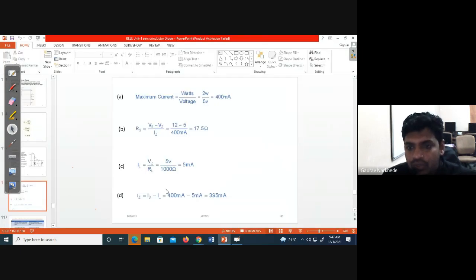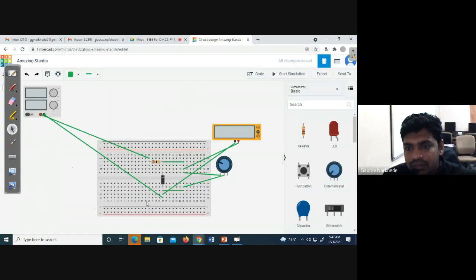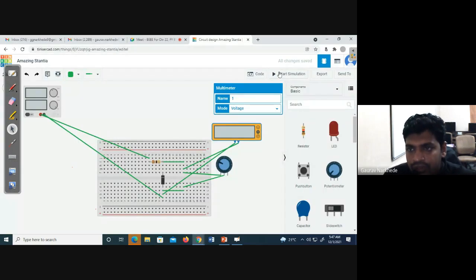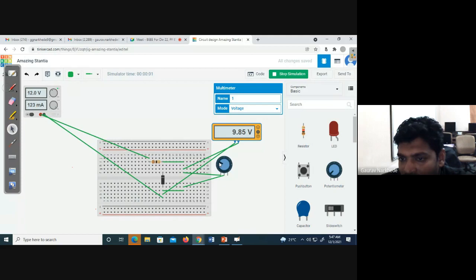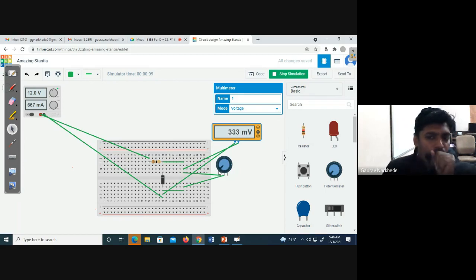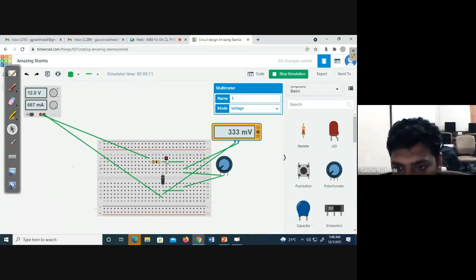Okay, so IL is 5 milliamperes, right? Now this is your variable R, so I'm just changing it out. This should be 400 milliamperes, right?